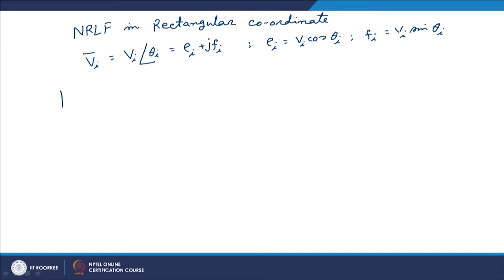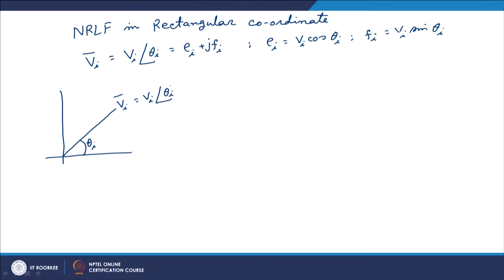The basic concept is that if I have an Argand plane, a complex plane, we represent the voltage vector Vi, a complex voltage vector. This is the magnitude and this is the angle, so we represent it as Vi angle theta i.